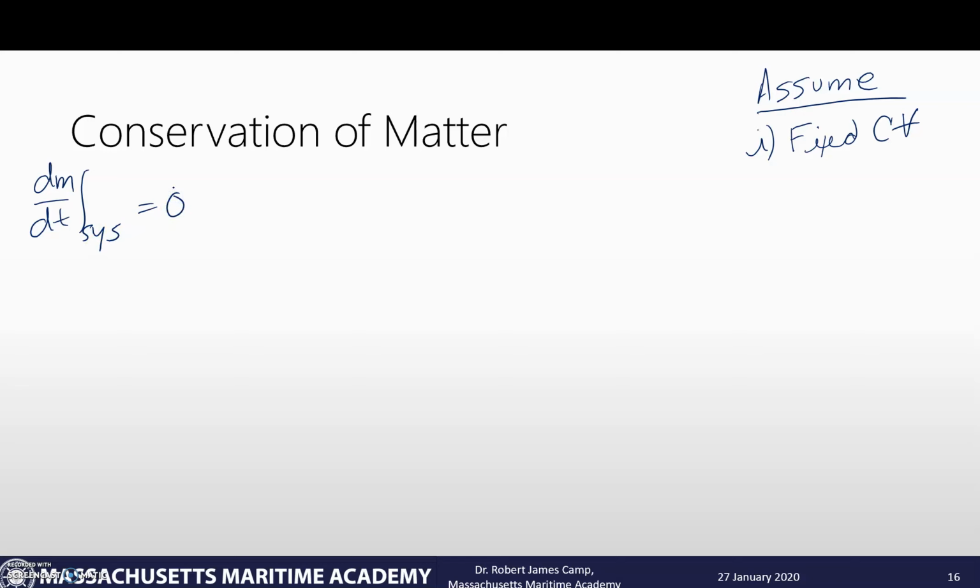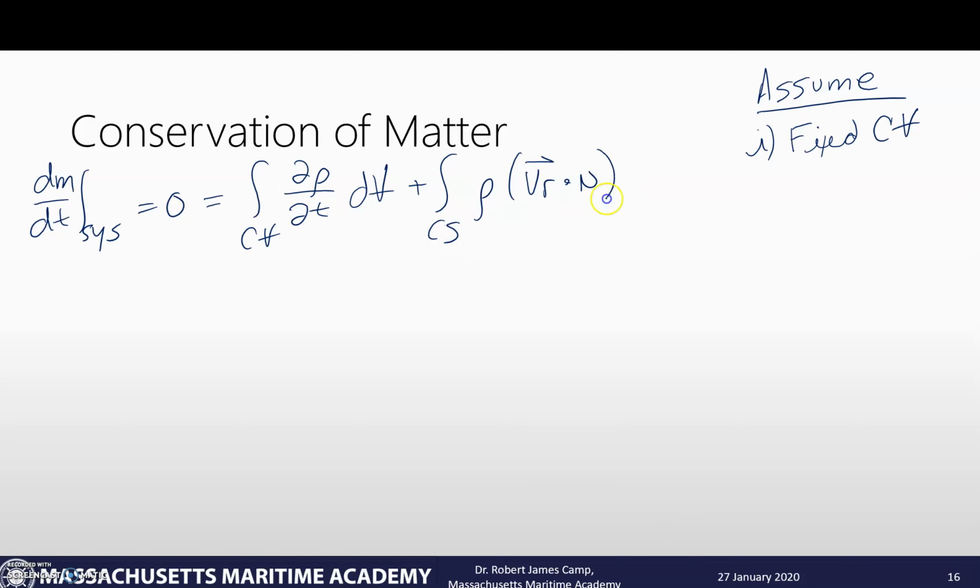We're able to clean up that first term a little bit and just say that's the integration over the control volume of the partial derivative of the density with respect to time, dV. And then we still have all this stuff over here with the control surface, rho VR dot n dA. That cleans things up a little bit.